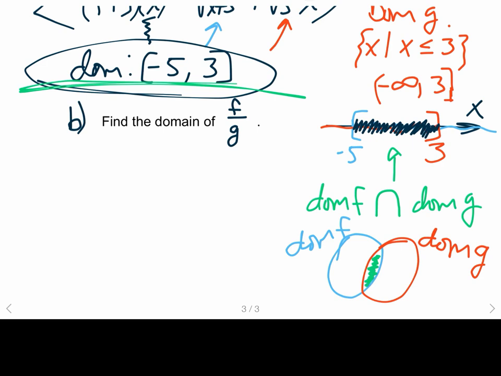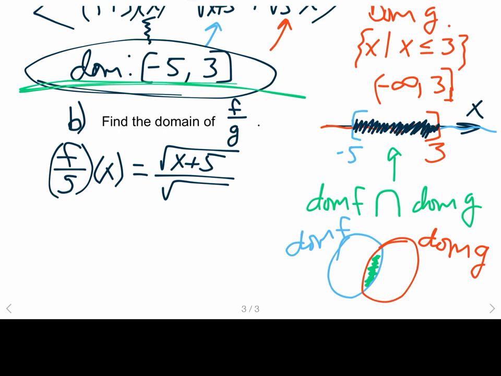Things change up just a little bit for f divided by g. First off, f over g, even though we weren't asked for it, of x is equal to the square root of x plus 5 divided by the square root of 3 minus x, as before, just putting together the two radical expressions. However, if I'm going to evaluate some number for f divided by g, then I need to be able to put that number into the radical for f as well as the radical for g.